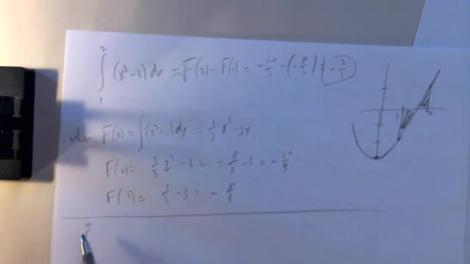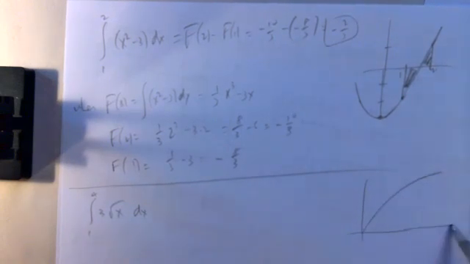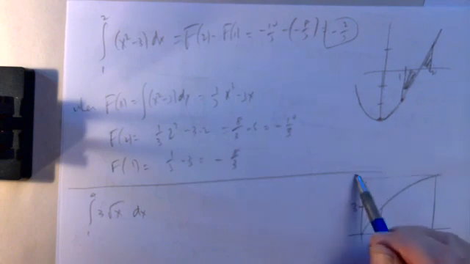Suppose we take the integral from 1 to 4 of 3 times the square root of x dx. So this is the square root function, 3 times root x. When x is 1, this is 3. When x is 4, it's 6.